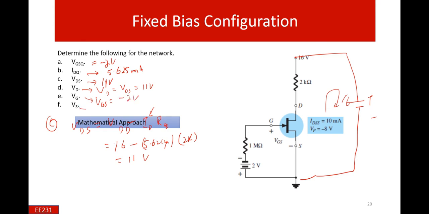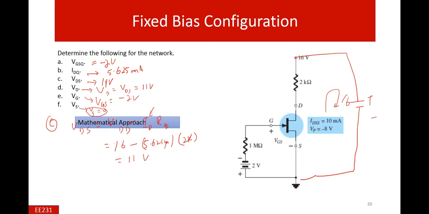And similarly, last point VS: as we see, it is directly connected with the ground, so it is 0. So this is the numerical, or mathematical, way we can find the Q point and the current through the device and the other parameters.